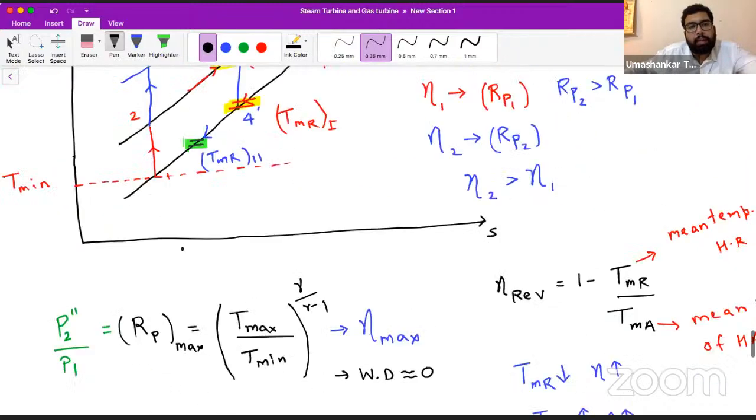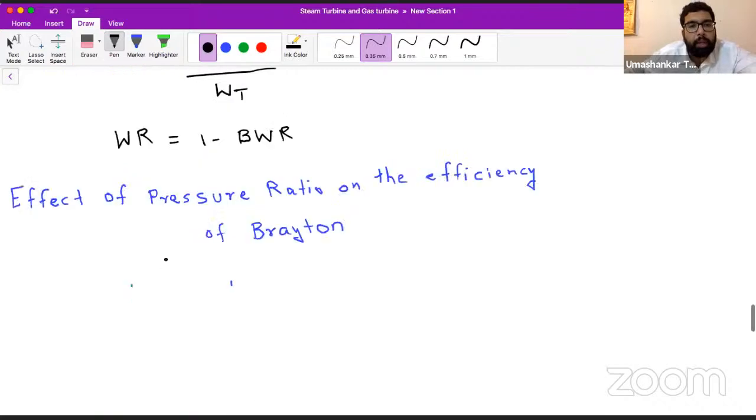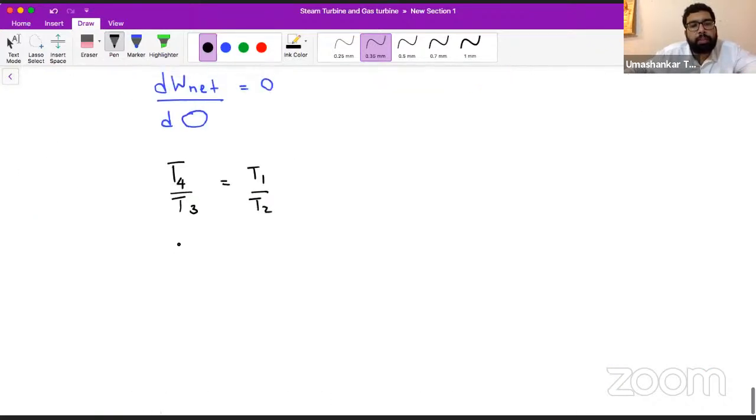We can relate the temperatures now, since the ratios of temperatures are the same. So from here, can we replace T4 in terms of T2? Let's do that. T4 is T1 by T2 into T3.